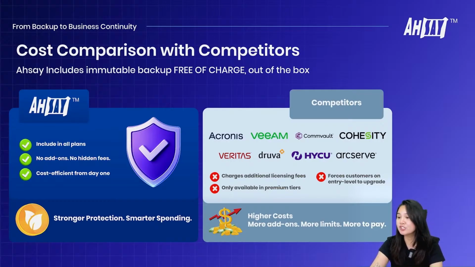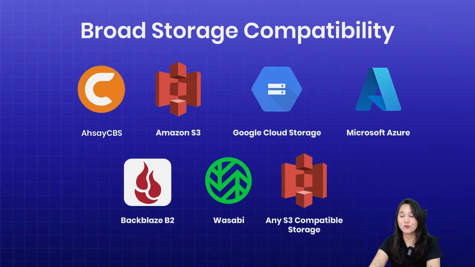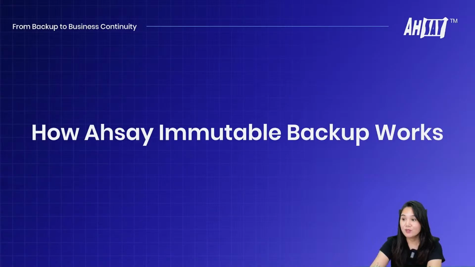Stronger protection with a lower total cost of ownership. For your reference, these are currently Ahsay supported immutable destinations. Now that we've covered where immutable backups can be stored, the next logical question is, how does Ahsay actually make these backups tamper-proof?